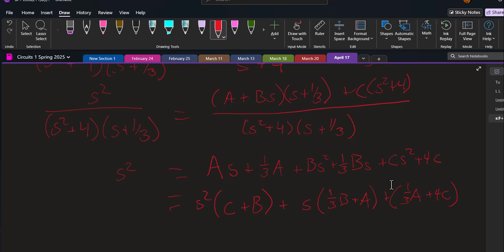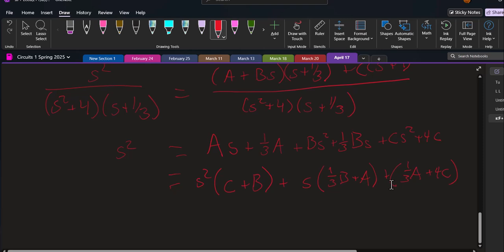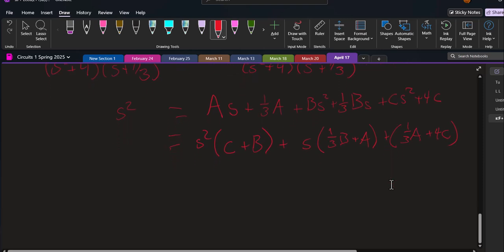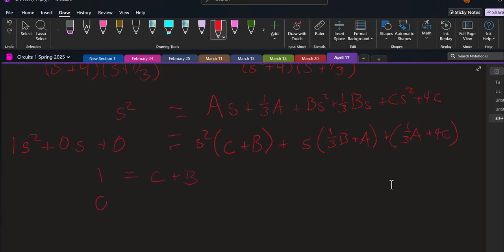On this side, I have 1s squared plus 0s plus 0. So 1 equals c plus b, 0 equals 1/3 b plus a, and 0 equals 1/3 a plus 4c. Oh, that's handy.